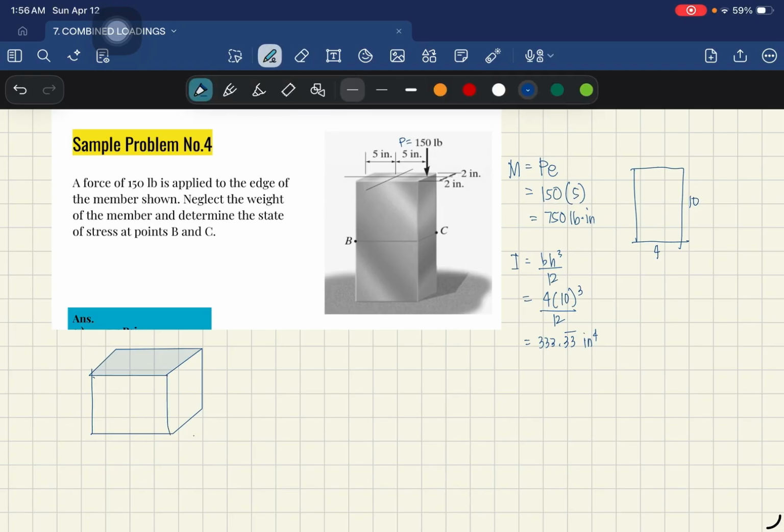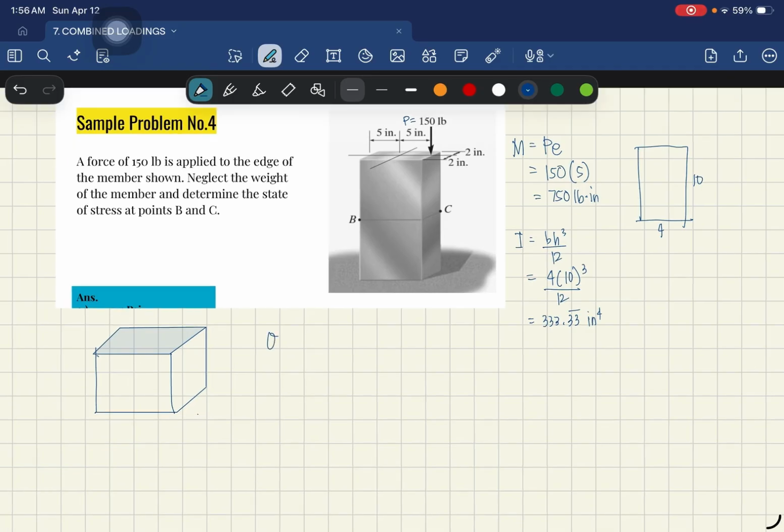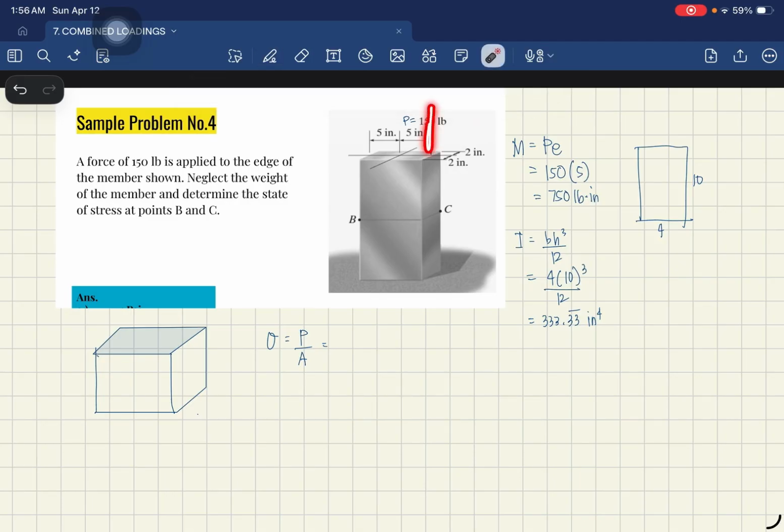So para makuha natin class yung normal stress, yung gagawin nyo lang is kukunin natin yung force over area. So tatandaan nyo, yung force po, yan din yung nararanasan niya dito sa ilalim. Since nag-act siya in compression, syempre, ika-counteract siya dito sa baba na in compression din.